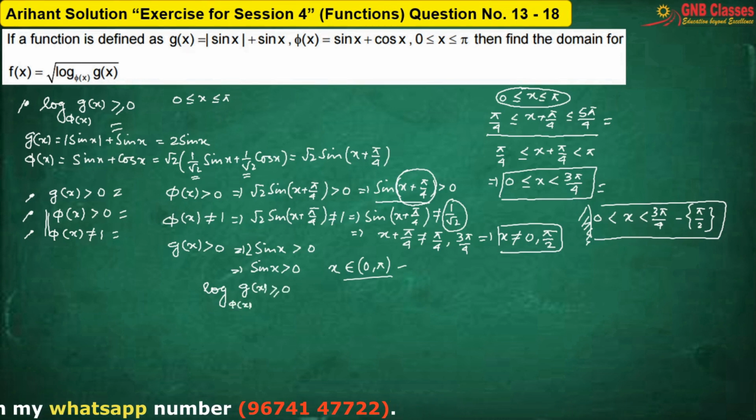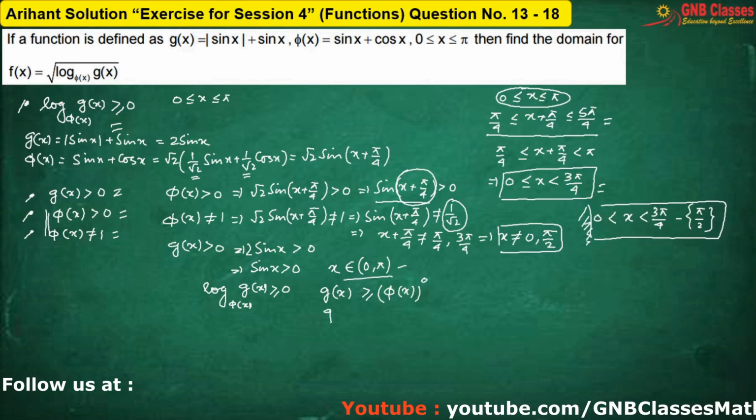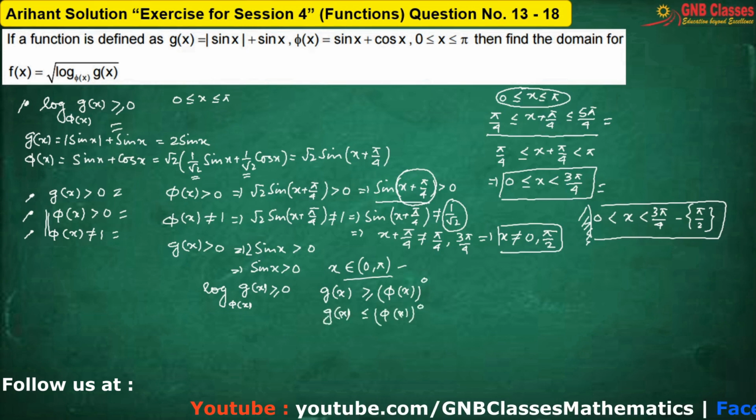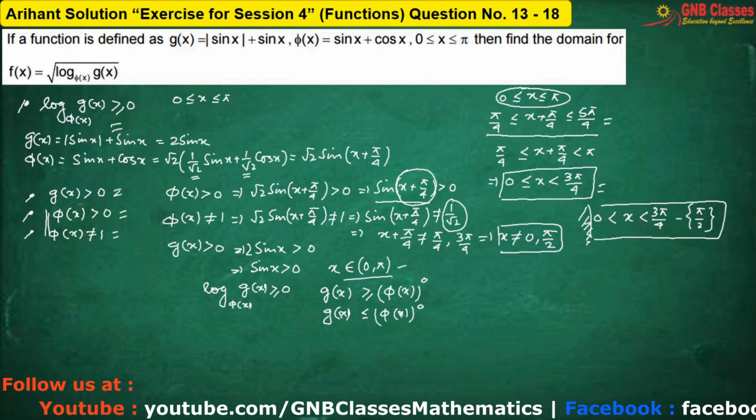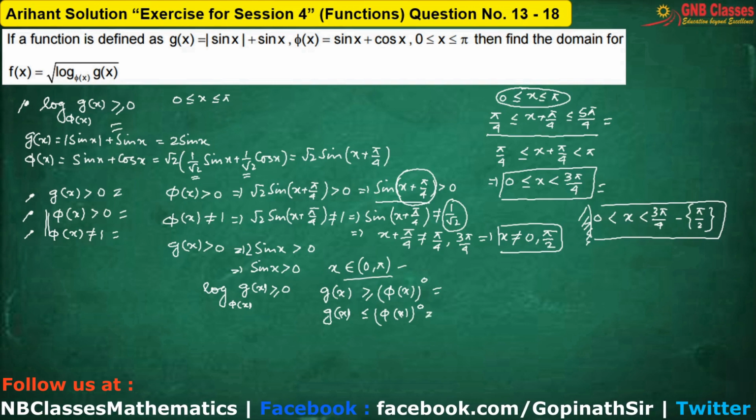Now you observe, g(x) can be written as phi(x) to the power 0, or it can be written as the other form. Now the question comes, when to write this condition and when to write that condition.